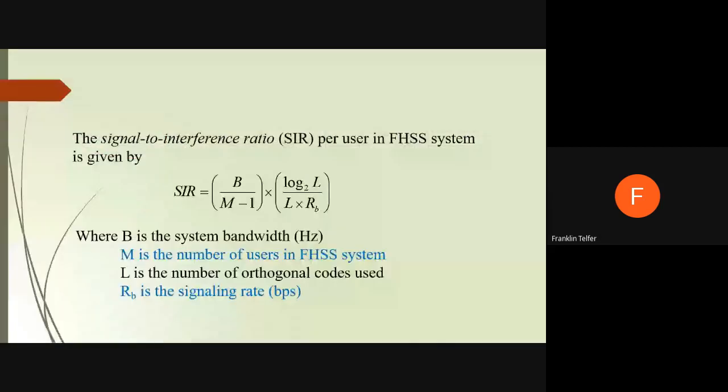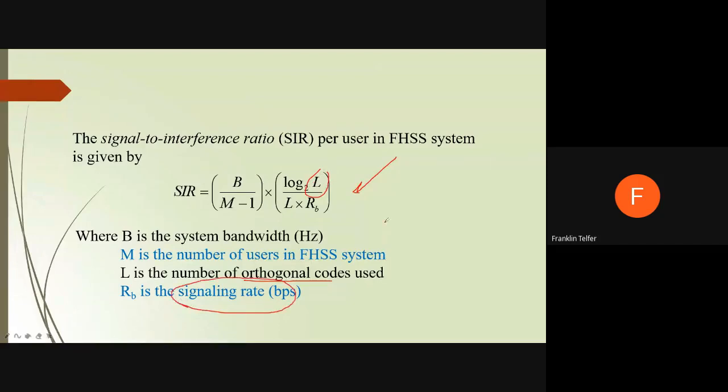So here the signal to interference ratio is one scenario, but there is a term called interference signal to interference ratio related to this formula. B is the bandwidth, M is the number of users in the FHSS system, A is the number of octal codes being used, and Rb is the signaling rate in bits per second.